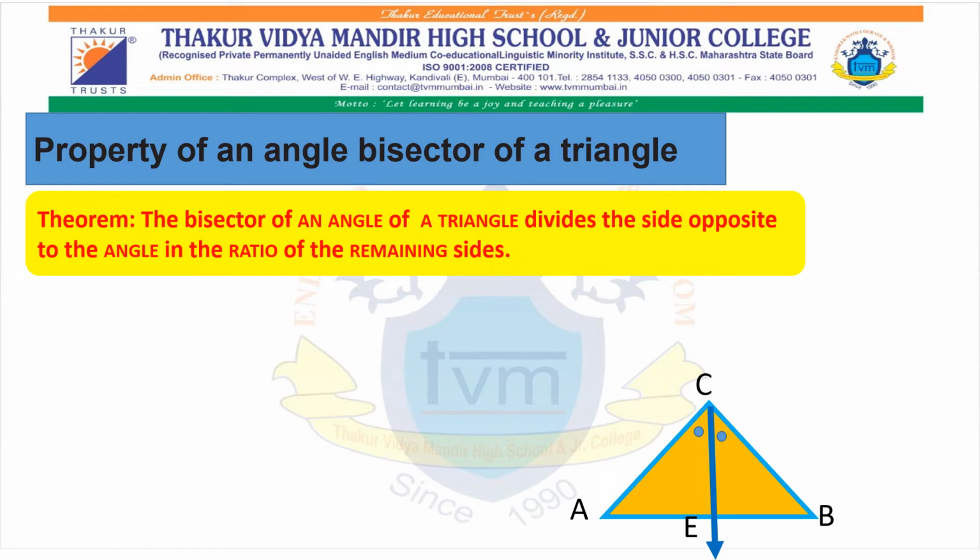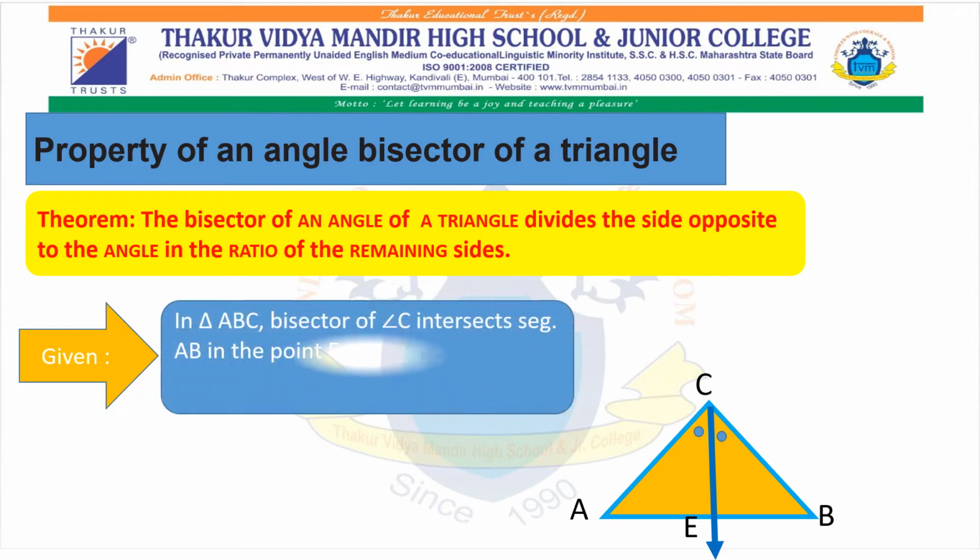Let us write down the given based on the diagram which we have drawn. In triangle ABC, the bisector of angle C intersects segment AB at point E, and we need to prove that this bisector, that is CE, divides the side opposite to the angle.